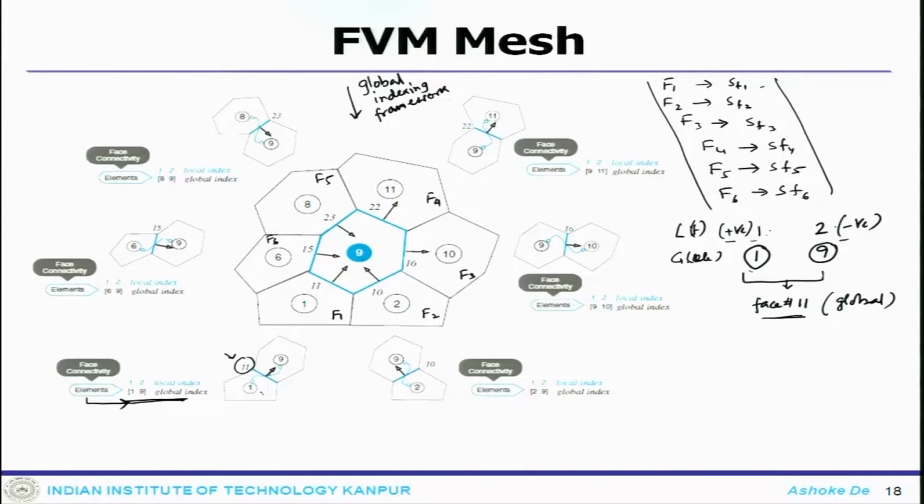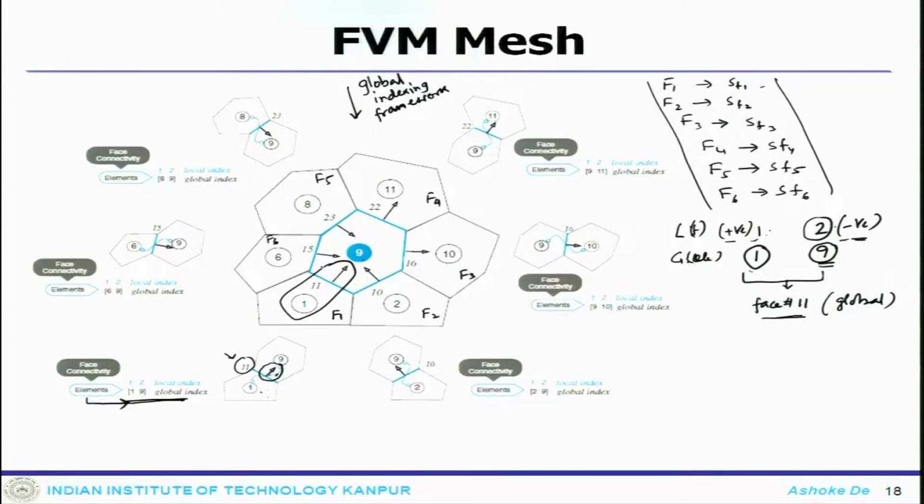For element number 1, it picks up 1, immediately understands that the surface vector is on the positive side, that means pointing outward, which is shown here. As soon as it picks element number 9 and the local surface indexing is 2, it understands this would be a minus sign, that means inward, as shown here. This is exactly what we are talking about.